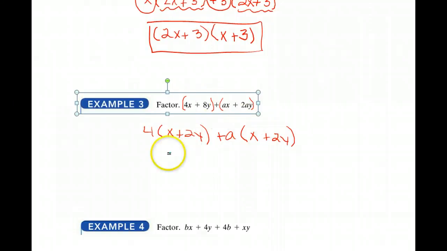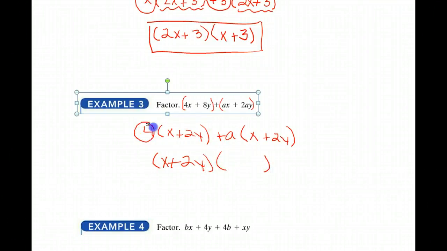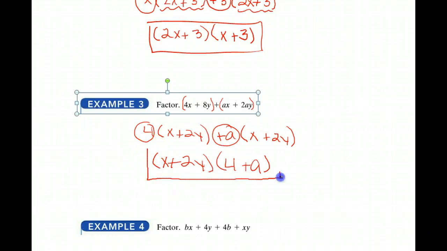If your groups are identical, then you can drop it down into your next line and prepare to create a new group from what was left over. 4 plus a. Always scan that line to make sure that there are no common factors remaining within the parentheses that you have created, and as long as there are none, then you have the answer.